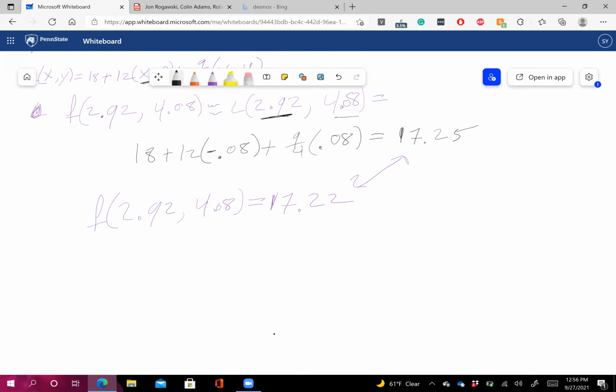If you wanted to know how far away the approximation was, you can just take 17.25 minus 17.22, divided by 17.22, times 100%, just to get rid of the decimal. And this is 0.1%. So again, a pretty good approximation.